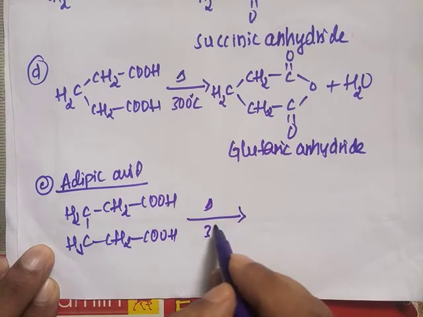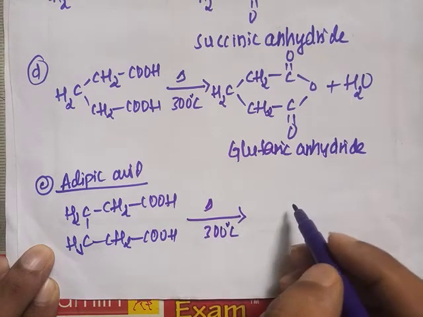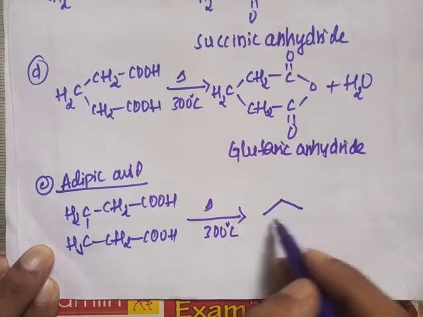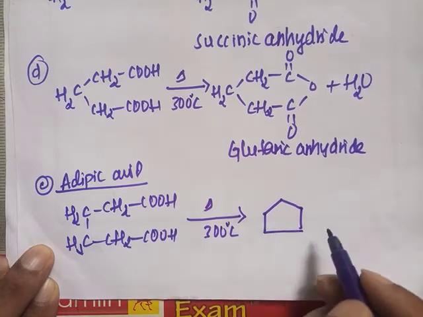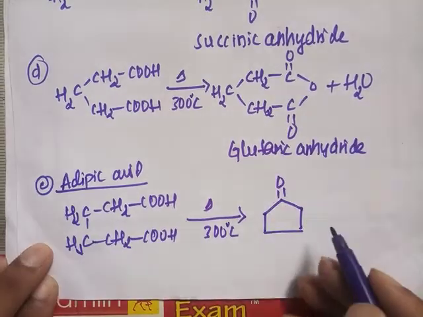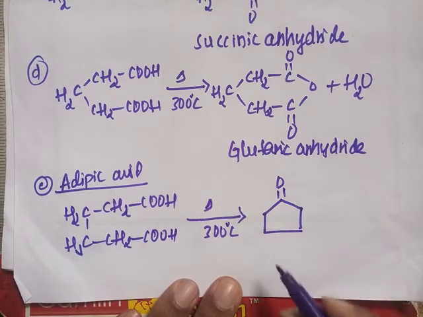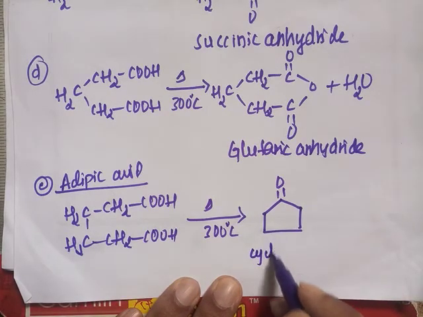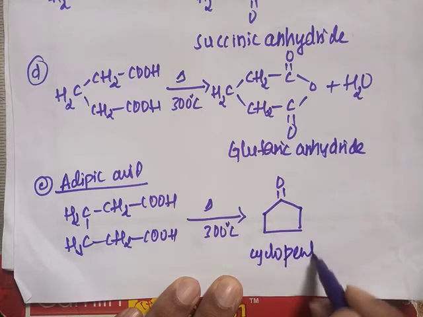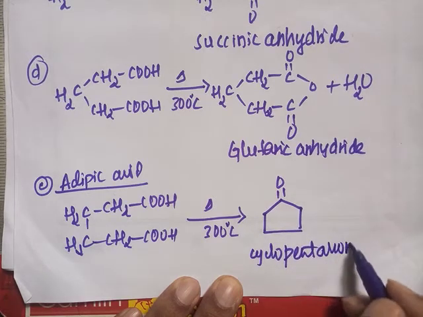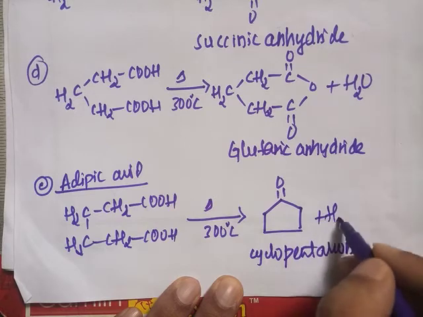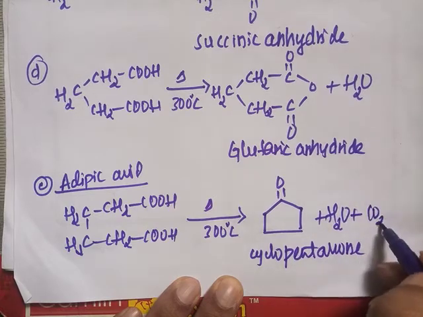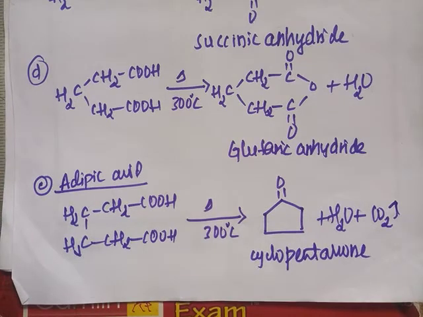When adipic acid is heated to 300 degrees Celsius, it forms cyclopentanone, by liberating carbon dioxide. So this is the action of heat on oxalic acid to adipic acid.